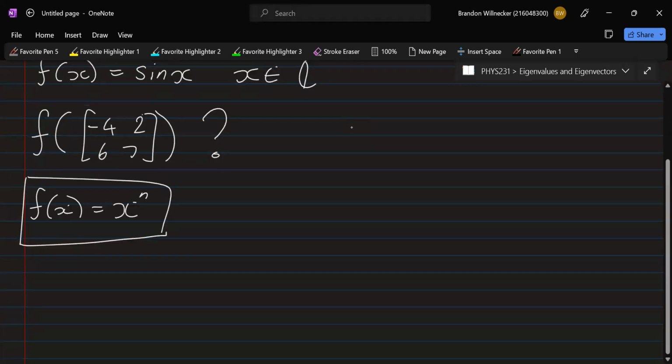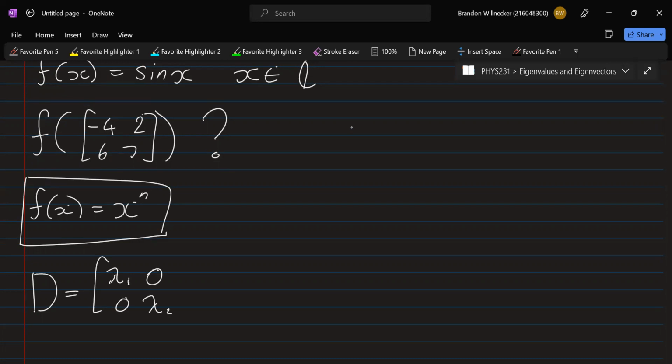Let's start off with a diagonal matrix D, which is given by lambda1, 0, 0, lambda2. These may not be eigenvalues, but we will see later on that when we work with diagonal matrices, they will be the eigenvalues. But for now, just treat them as regular numbers.